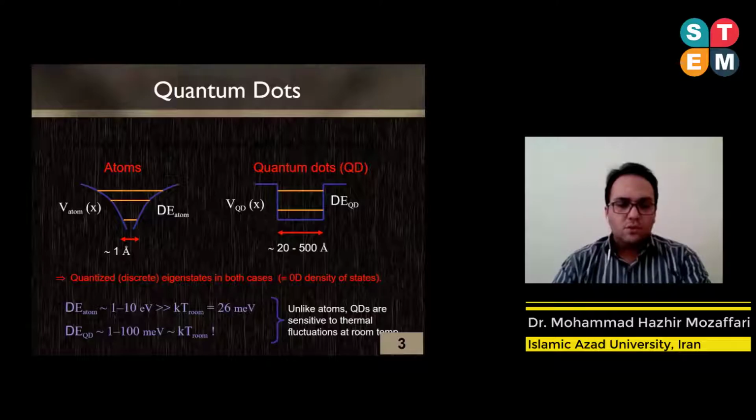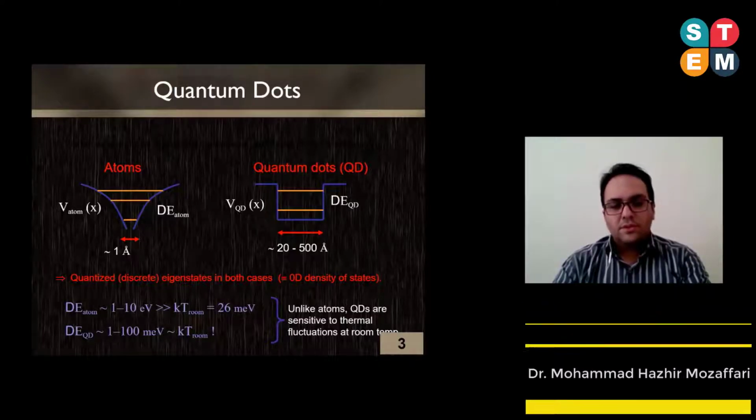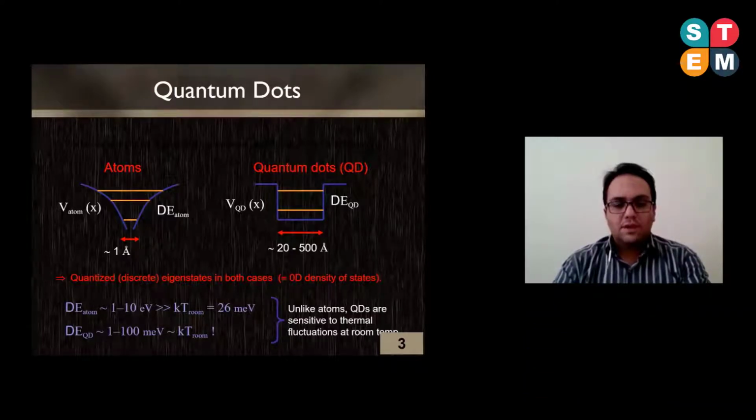In fact, due to the quantum confinement, the density of electronic states in the quantum dots is increased, and the continuous states convert to discrete states. Actually, they have a fully discretized density of states, and we can see this characterization here.